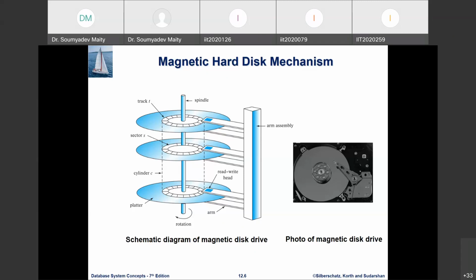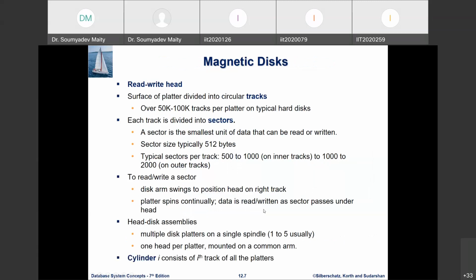That means in order to read any sector on a specific cylinder, you don't have to move the arm. The arm can be placed on that particular cylinder, and then you can read all the sectors of all the platters on both sides. These things I have explained: what is a read-write head, track, sector, cylinder.